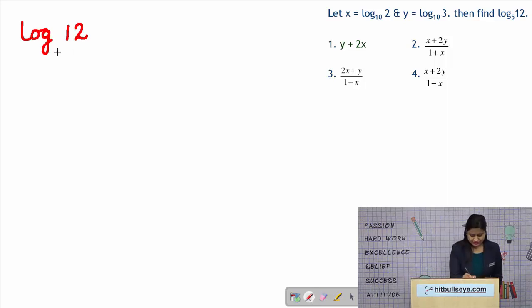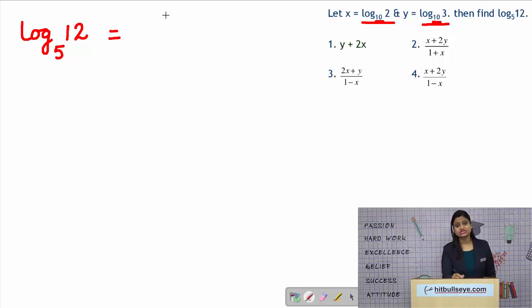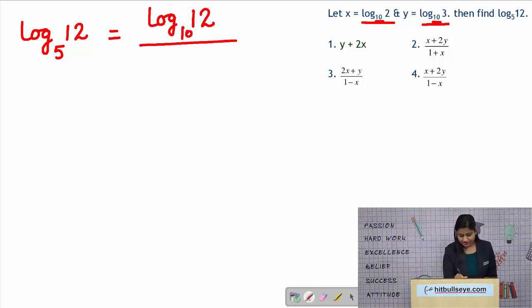Now this is asked: log 12 with base 5. The values which are given are in base 10, so we want to make use of base 10. So we are applying the base changing formula here. This number can be written as log 12 with base 10 divided by log 5 with base 10.